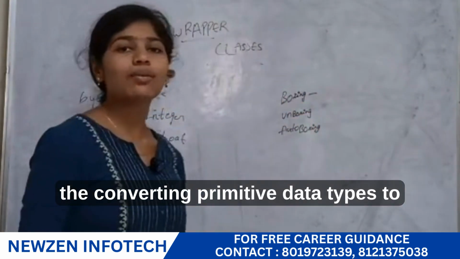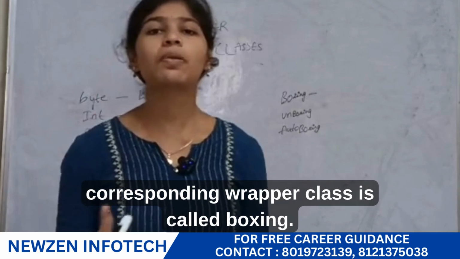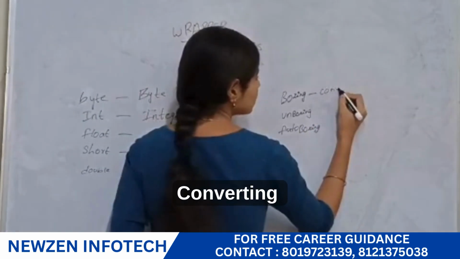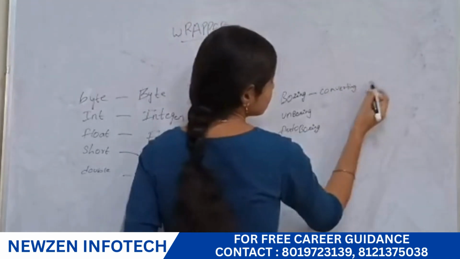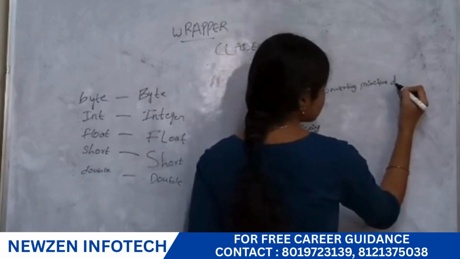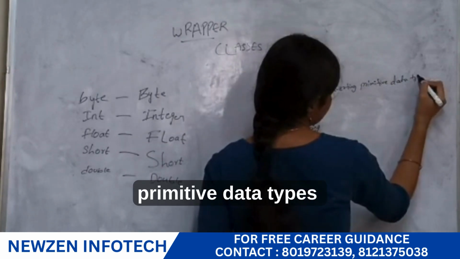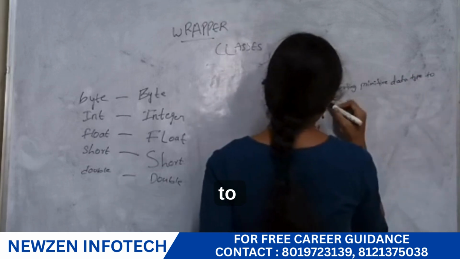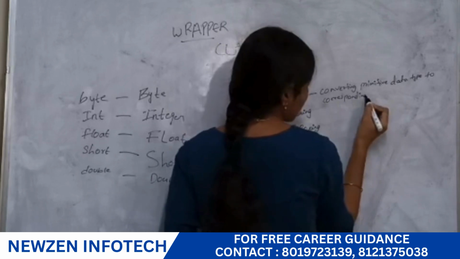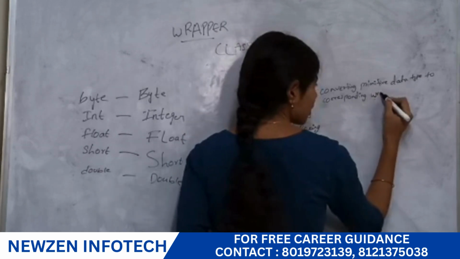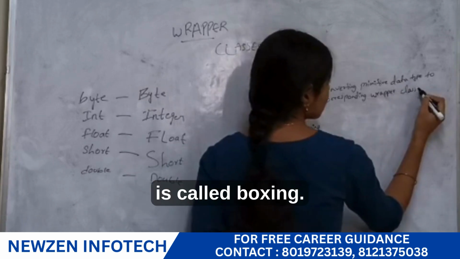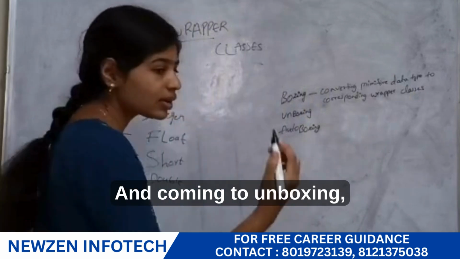Boxing: converting primitive data types to the corresponding wrapper classes is called boxing.